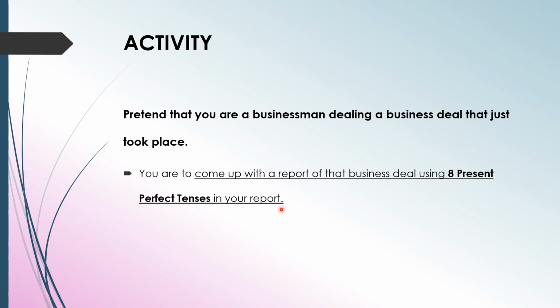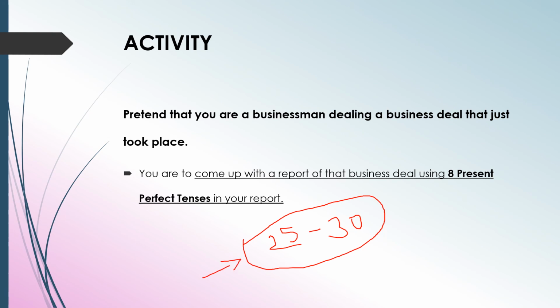In that report, you need to produce 8 present perfect tenses, and I should tell you that the report should not be long: not less than 25 sentences and not more than 30 sentences. So your volume will be in these numbers, 25 to 30 sentences.